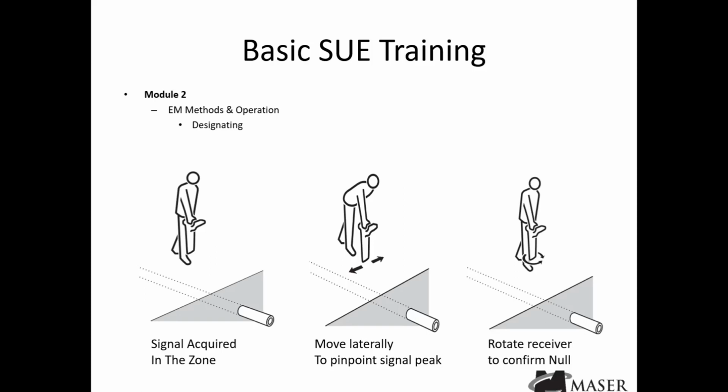Now, in order to refine that signal acquisition, you move the receiver laterally across the surface of the ground, just an inch or so above the ground, side to side, not in a swinging motion, in a level lateral motion until you identify where the peak signal is. And the receiver will tell you that.